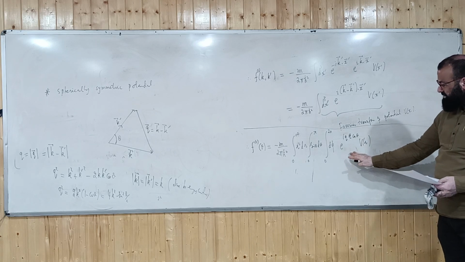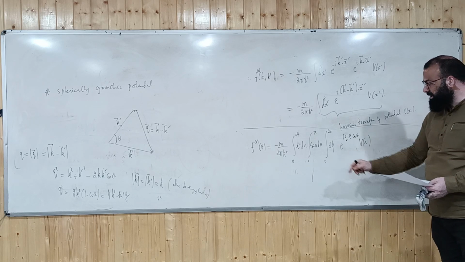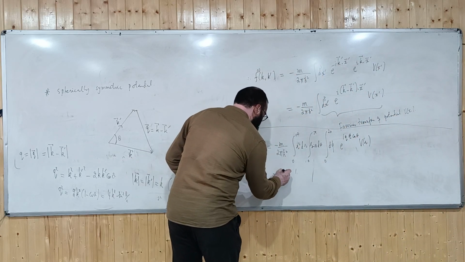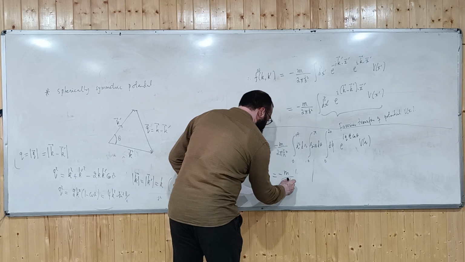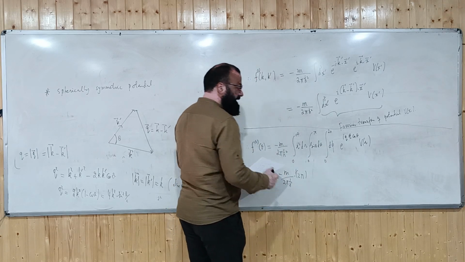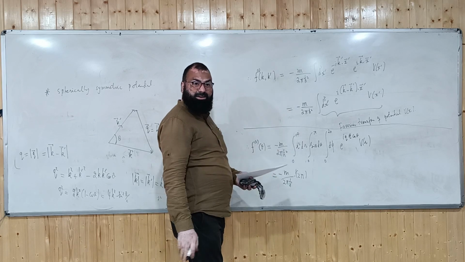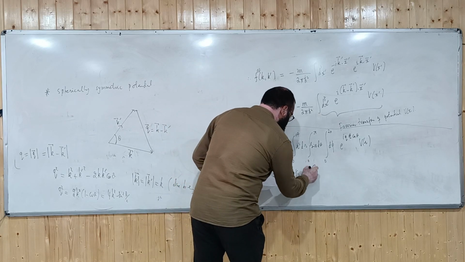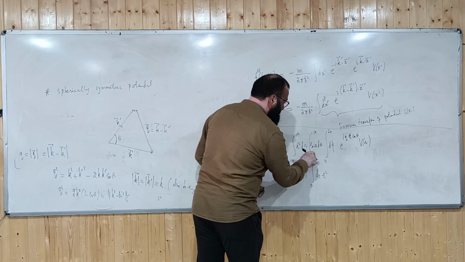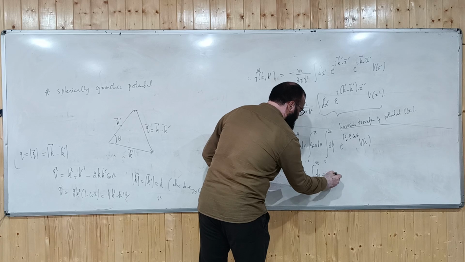Now since there is no phi dependence, you integrate out phi, and that gives 2 pi. So you have minus m by 2 pi h cross square, with 2 pi coming from the phi integration. Everybody is following? Yes, sir. Okay, so it is 0 to infinity dr r square, and let me write V of r here.